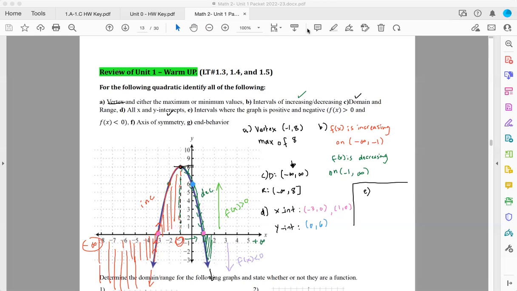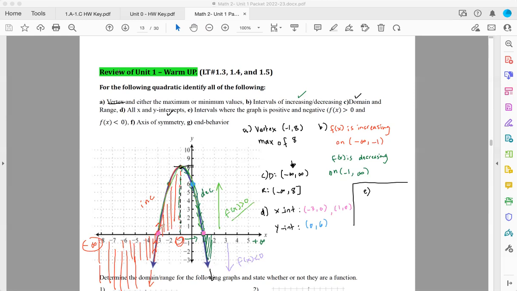So positive, you would agree that this is where f of x is positive, not here actually, starting from right after it. So from right after this point and all the way back to this point, without getting to these two points, because if you're on the x-axis, f of x is 0. It's not positive. We want it to be strictly positive.